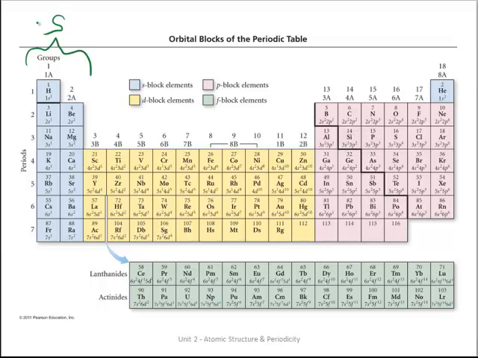Okay, as we go to the right side of the periodic table and the main group elements, we can see that the periodic table over there is 6 columns wide, corresponding to the 6 electrons that can fit in the p sublevel.